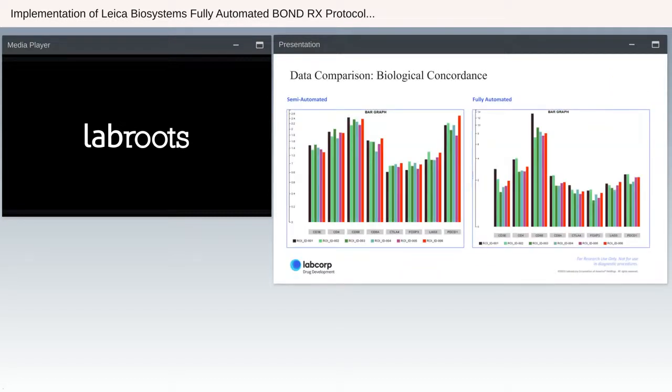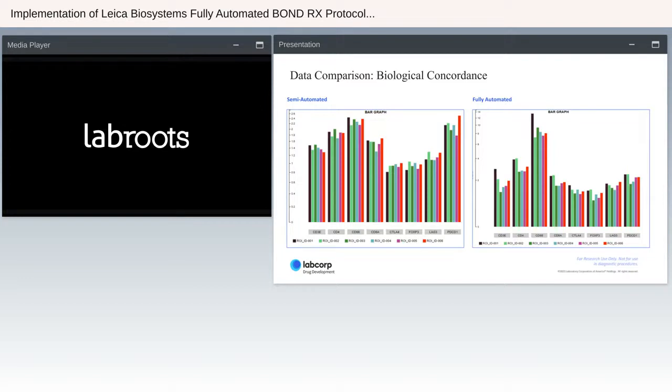And then lastly, we wanted to look at the data comparison for the biological concordance. So I just picked a small subset of the probes that are available. I kind of tried to pick ones that were known and everyone's familiar with. So we have some of our CD3, CD4 markers, CTLA4, FOXP3, LAG3.